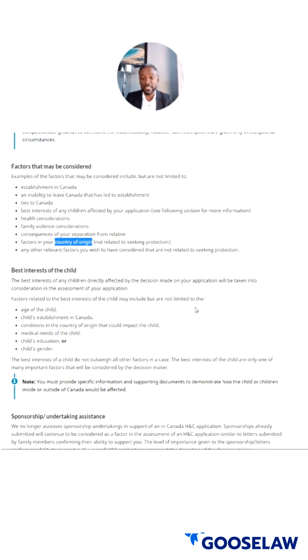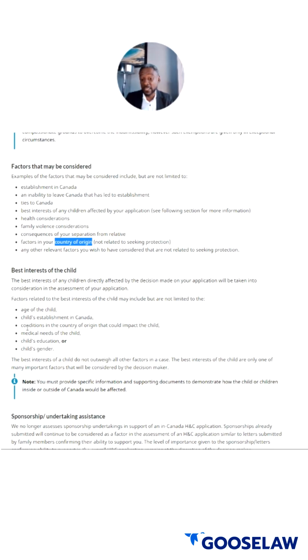So the age of the child does have a role. The child's establishment in Canada. Has the child been here long enough to have created some kind of a bond and some kind of ties to Canada? You know, has the child been going to school for an extended period of time? Have they developed friends? Are they used to the school system? All of those factors are taken into consideration when exploring the best interest of the child factor.